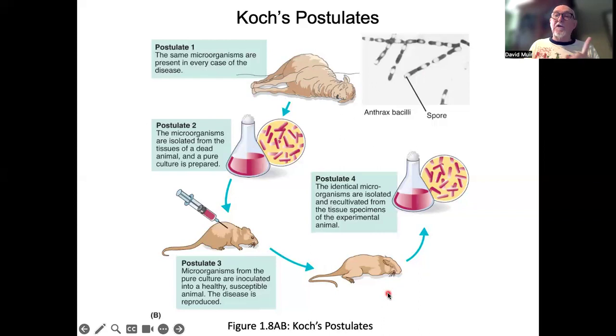These are called Koch's postulates, and they remain very, very important in clinical medicine. If you find a new infectious agent, and you want to demonstrate that that infectious agent is causing a particular disease, you usually have to press it through all of Koch's postulates in order for other scientists to agree that that is the infectious agent.